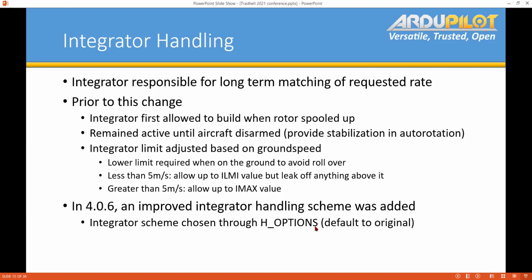I did it as an option for our users because this new technique relies heavily on the landing detector, and we needed to really be able to trust it. I've heard of instances where for helis, because of the large vibrations on the ground, the landing detector isn't always trustworthy. So I wanted to make sure users had the option at first to try this out if they trusted their landing detector.